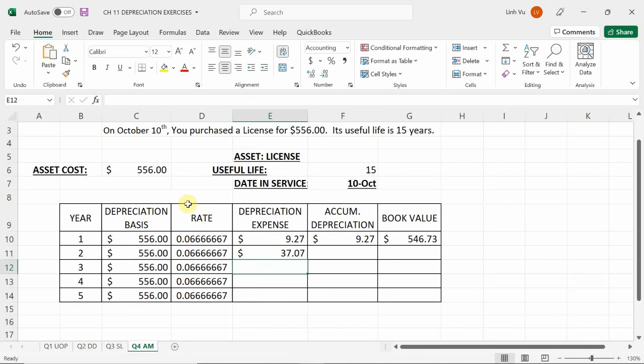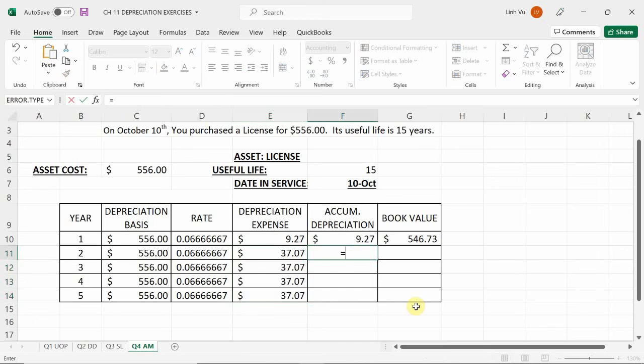And we know that if it's $37.07 for every single year, it's rinse and repeat. I'm not going to make you do all 15 years, so just for the first 5 years, okay?